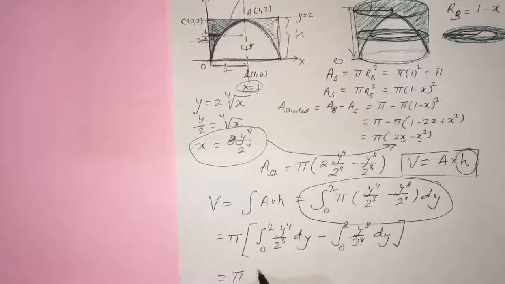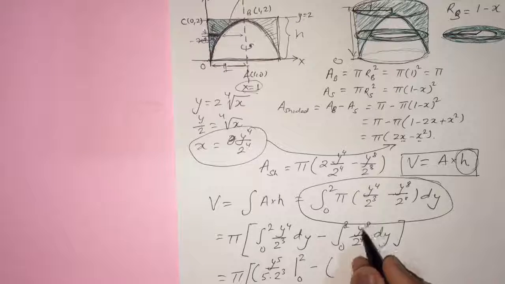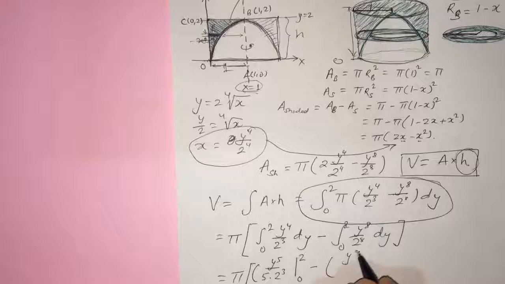It's just simple integration. So it will be y raised to 5 over 5 times 2 cubed, and the boundaries are 0 to 2. Same here, y raised to 8 will become y raised to 9 over 9 times 2 raised to 8. 0 to 2 is the boundary.